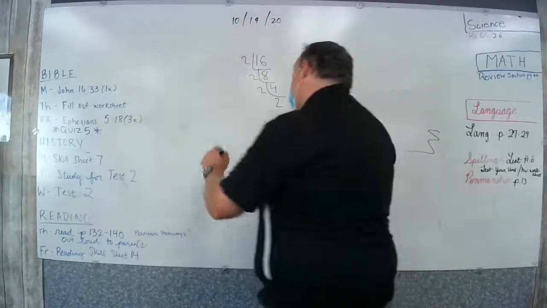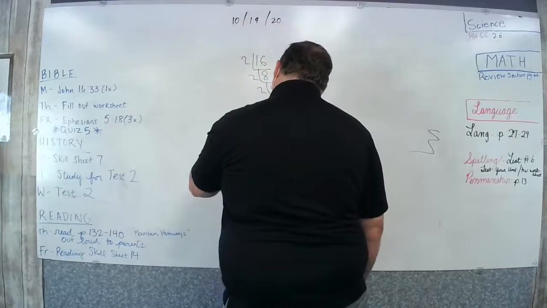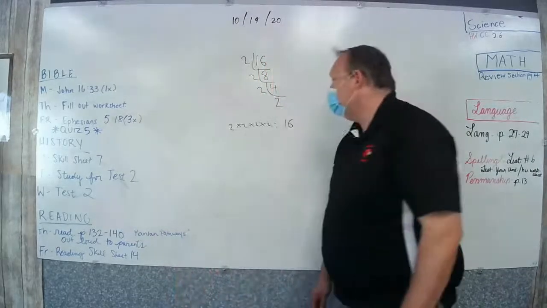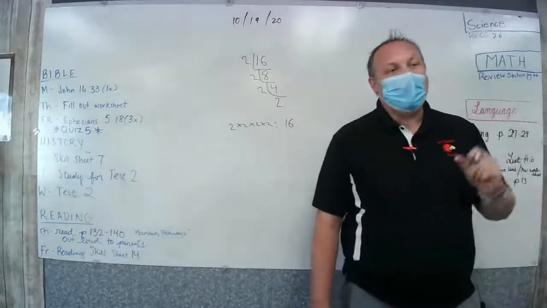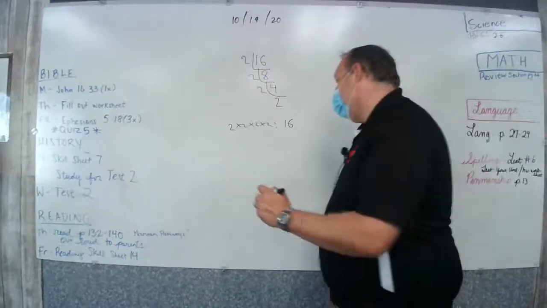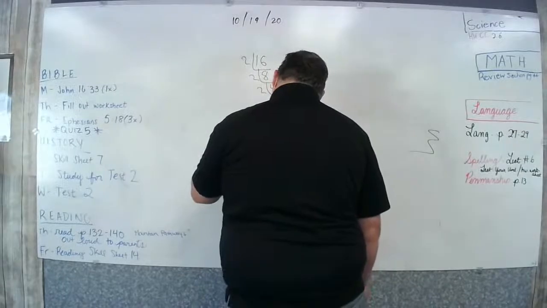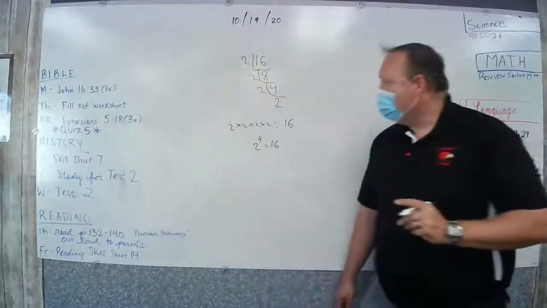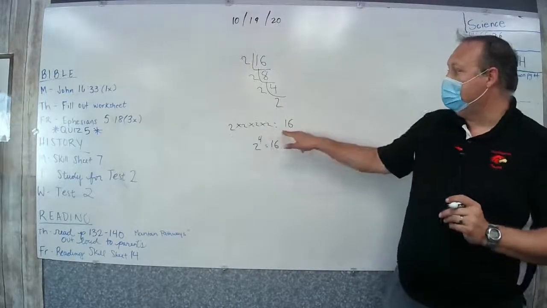So what we would have is 2 times 2 times 2 times 2 equals 16. Okay? Or I can have 2 to the 4th power equals 16. Which would you rather write? This really long ugly thing or this right here?